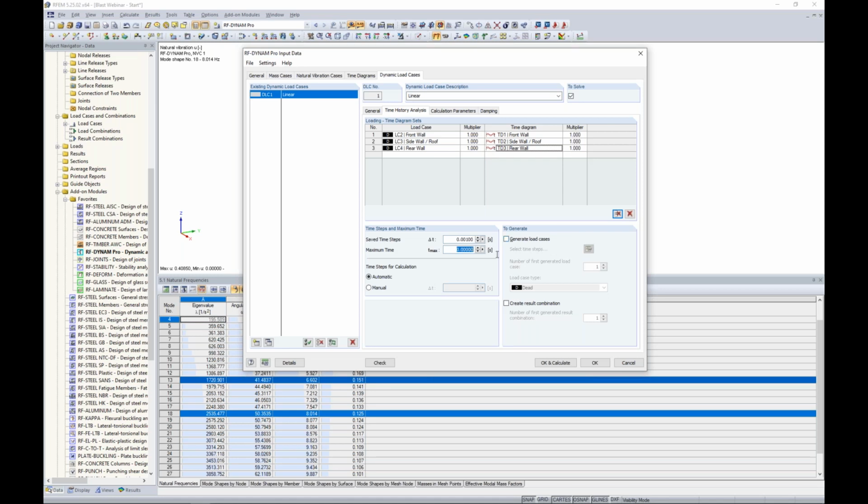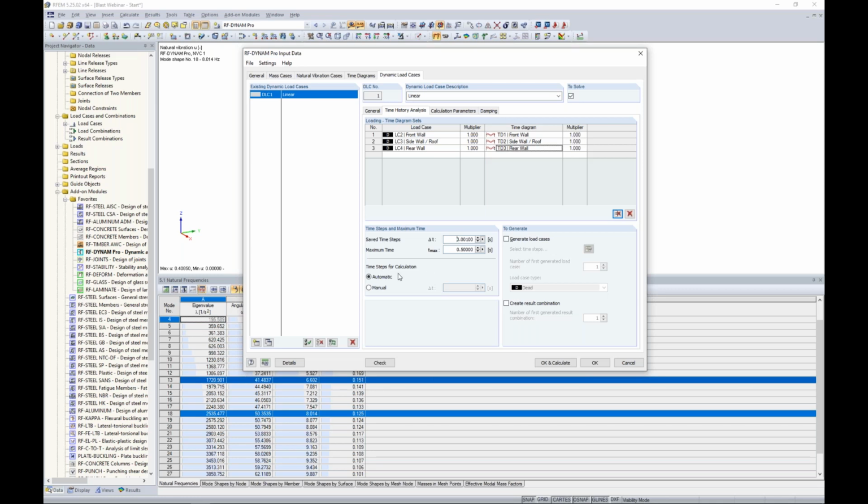Now, the maximum time will only be 0.5 seconds. This is a very short duration, and we don't need to set this to something like 10 seconds, 20 seconds, because everything is happening so quickly in milliseconds that 0.5 seconds will accurately capture what's going on with the structure response.